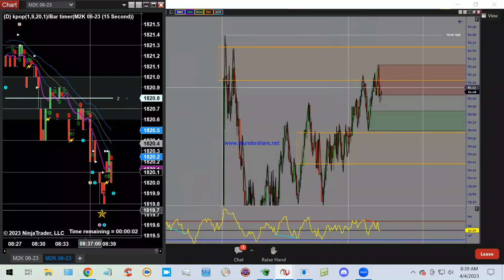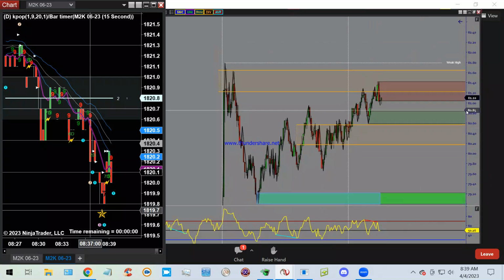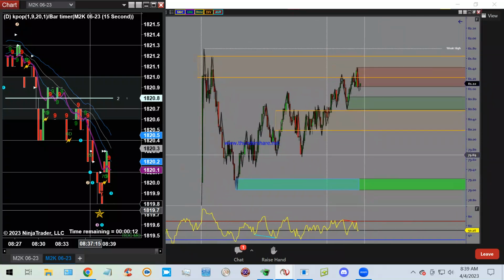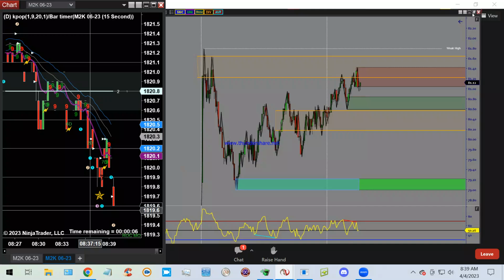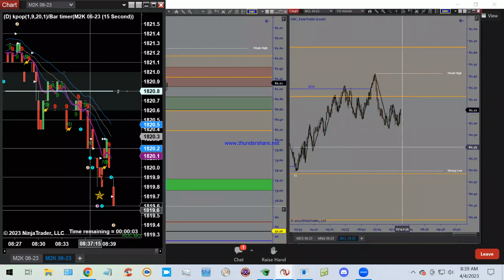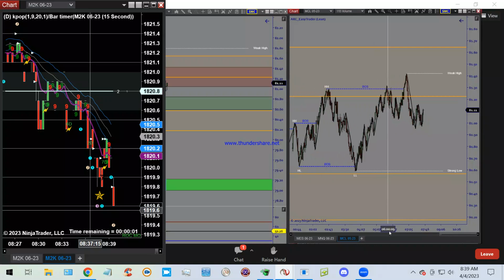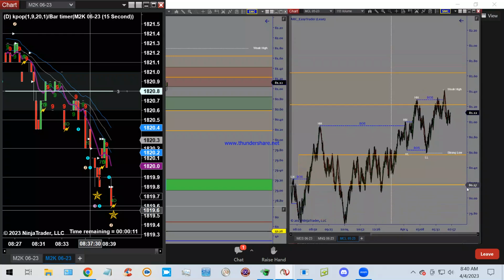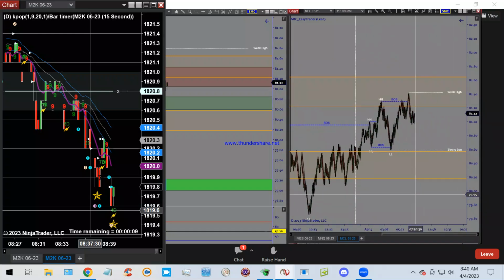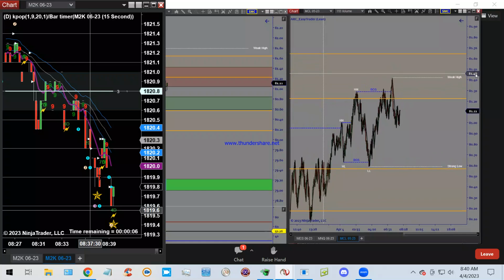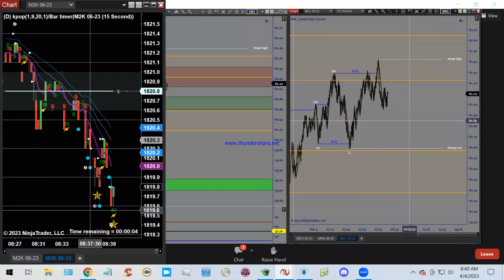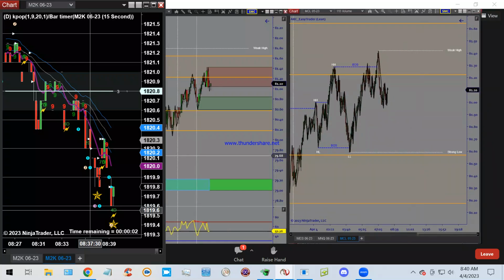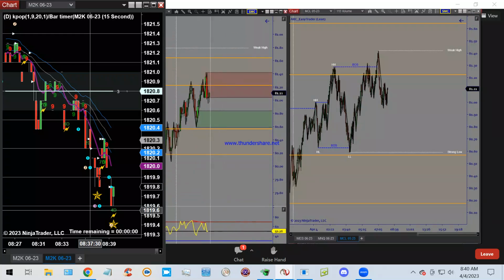We're not really trending. Crude's not trending. It hasn't broken out of the previous day's highs, so we can't draw a CWAP trend trade or a macro CWAP trend trade yet. So crude's in tight consolidation.